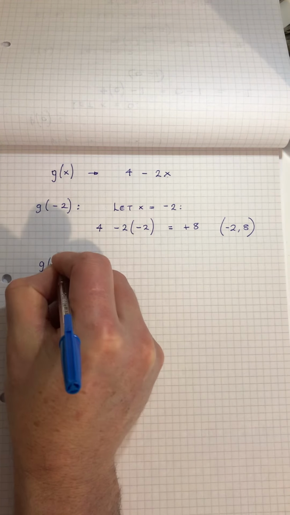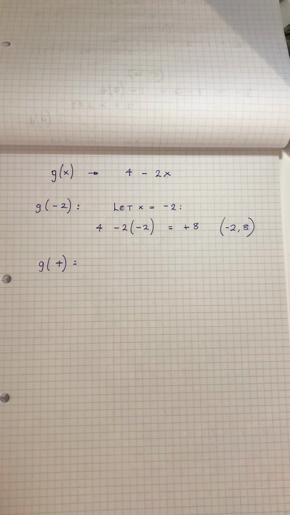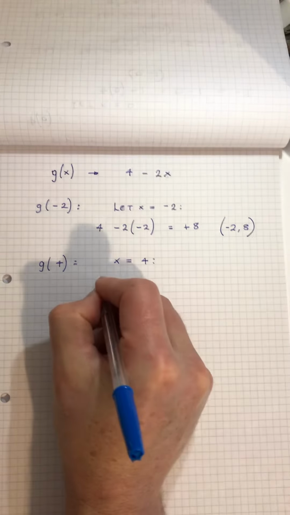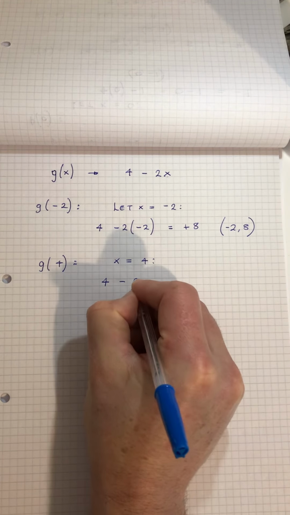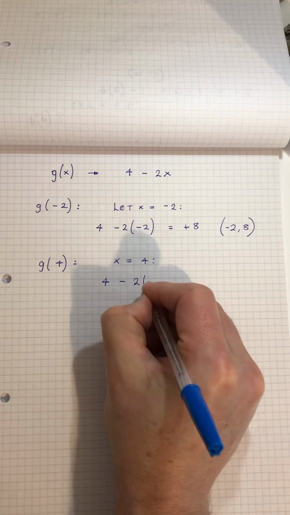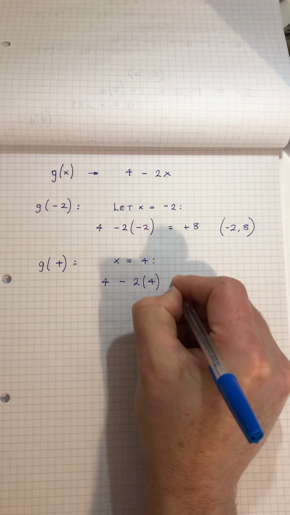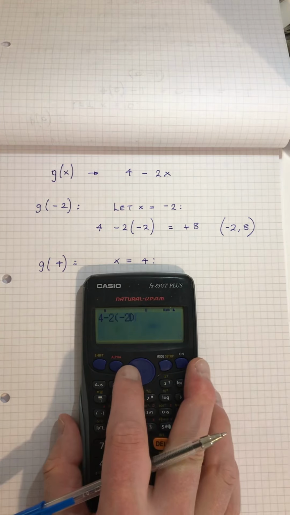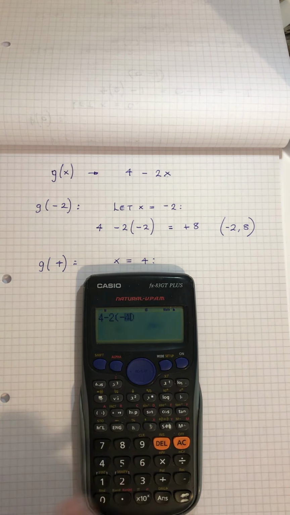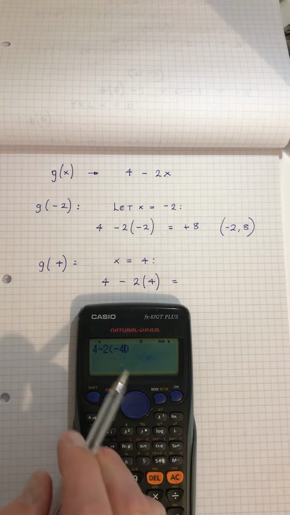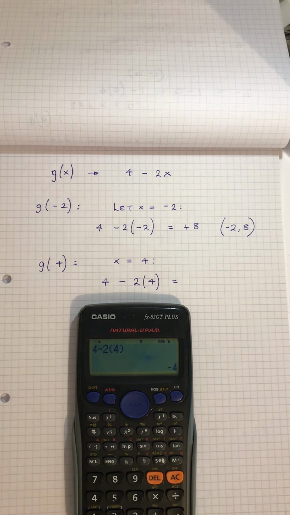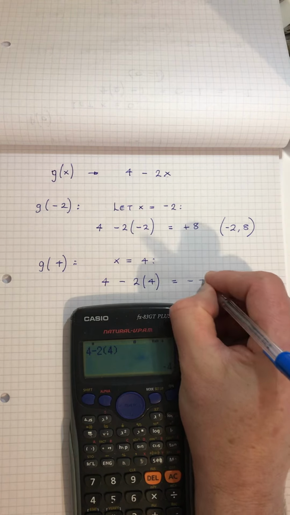G of 4. So you're going to let x equal to 4. So 4 minus 2, take out x and put in 4, is equal to, use your calculator again, 4 minus 2 and in brackets plus 4 is equal to minus 4.